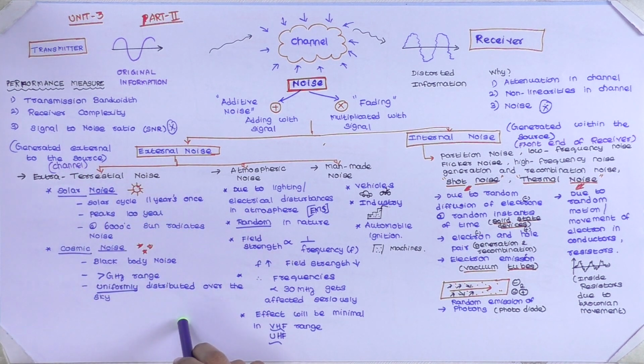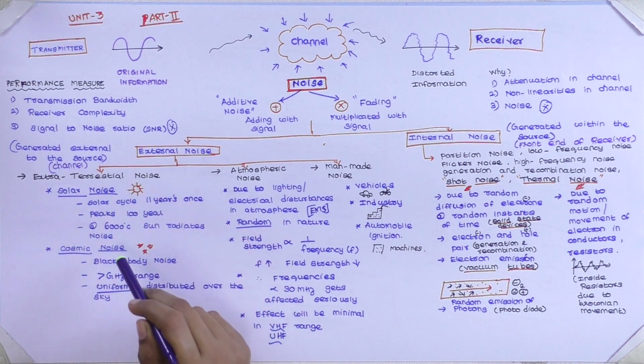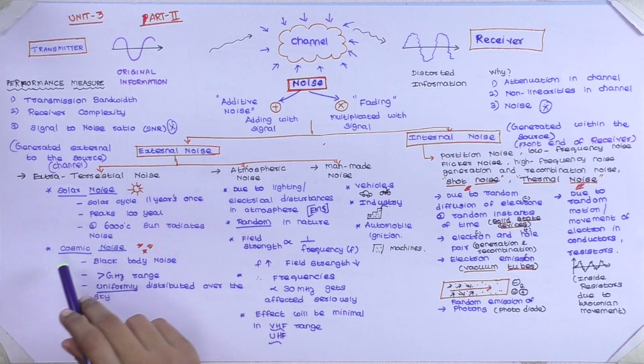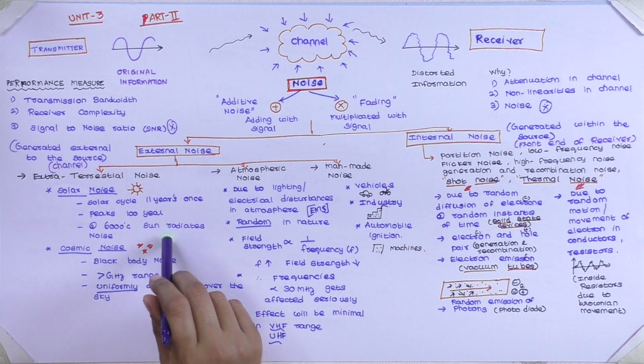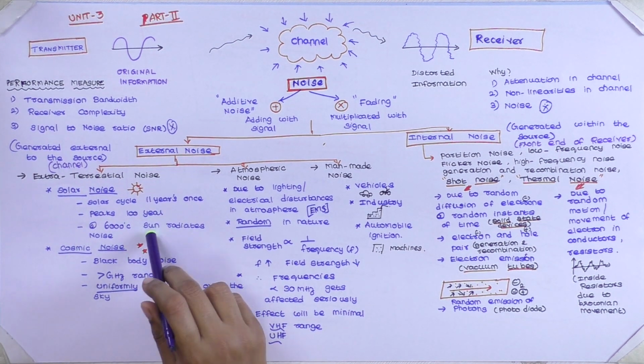Now we will have a look at extraterrestrial noise. What are the possibilities for extraterrestrial noise? One is solar noise, which is due to our own sun, and the second is cosmic noise, which is due to the stars.